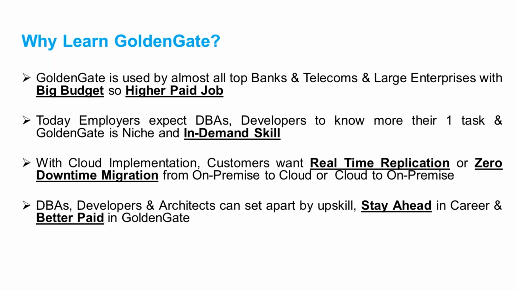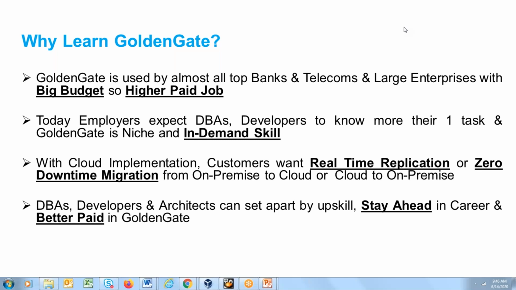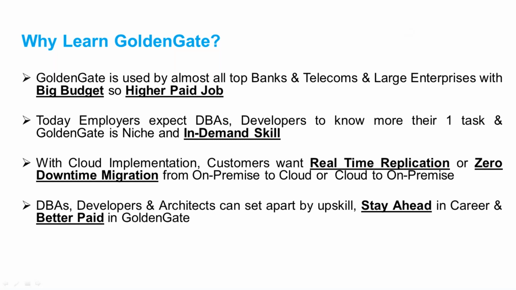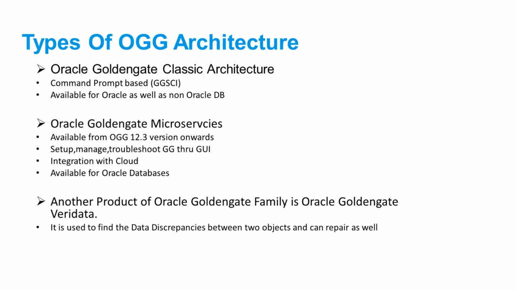So for cloud migration, on-prem to cloud or cloud to on-prem, Golden Gate is widely used. And definitely DBAs, developers and architects can set themselves apart by upskilling, stay ahead in their careers and get better paid jobs with Oracle Golden Gate. Okay. So now let us discuss the different types of Oracle Golden Gate architecture.